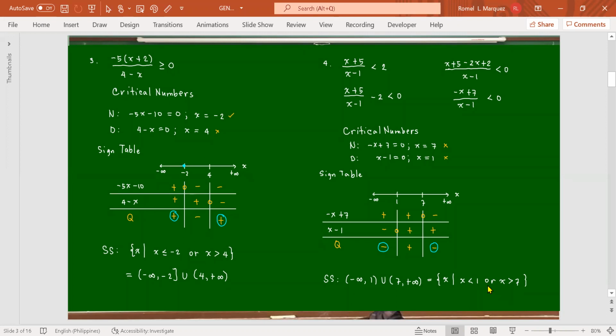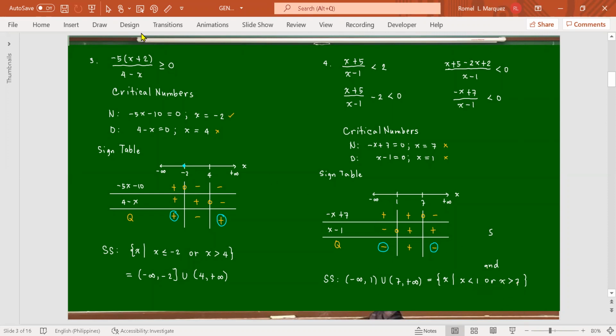It is or because when you choose a value for x, you choose one at a time. You can choose x either to the left of 1 or to the right of 7. For example, let's say x equals 5. Is x less than 1? Is 5 less than 1 and at the same time greater than 7? No. It is just one of them.